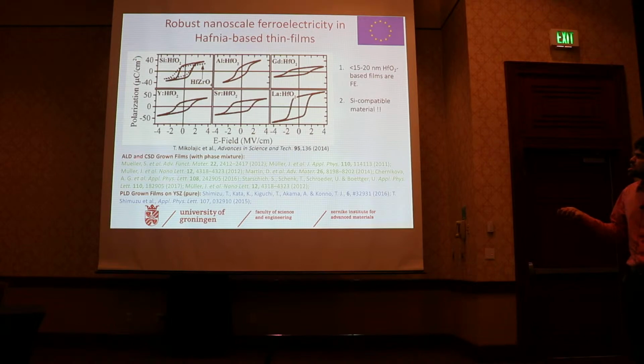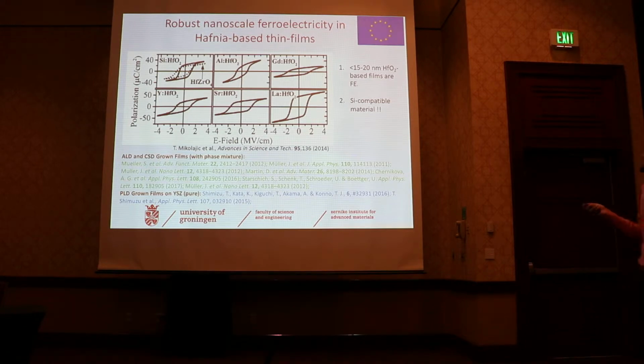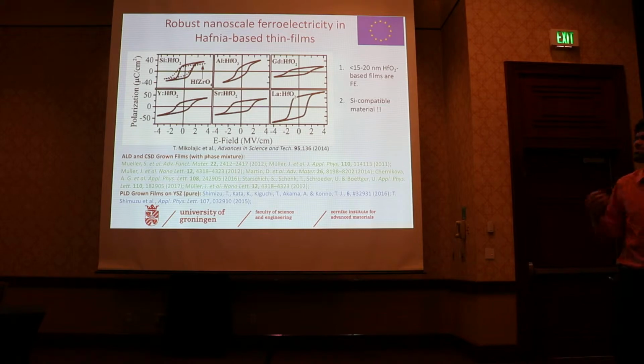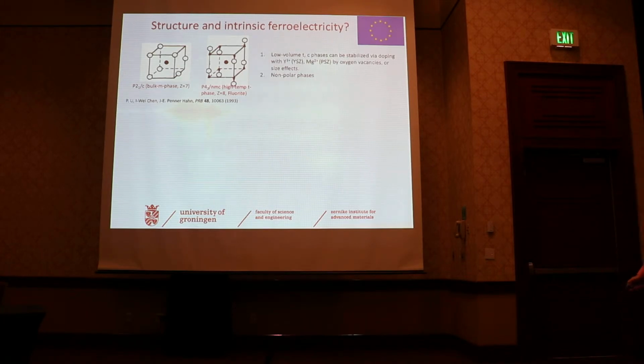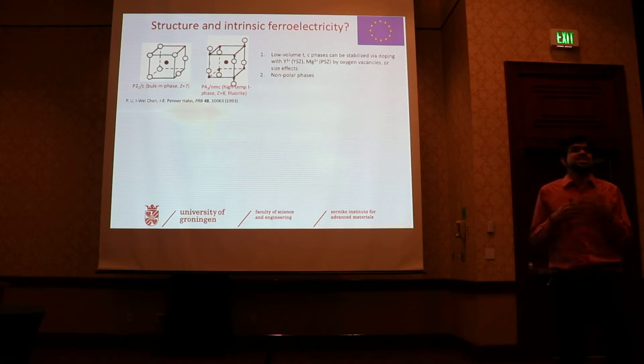These films can be grown using various techniques, ALD, CSD (chemical solution deposition), PLD-based growth techniques also, and at less than 15 to 20 nanometer sizes, all these films show this property of ferroelectricity. And since it is a hafnia-based material, it already has a proven compatibility track record with silicon, and so this is a nice material to study. Okay. With that as the motivation, we ask the question, what is the reason for ferroelectricity?